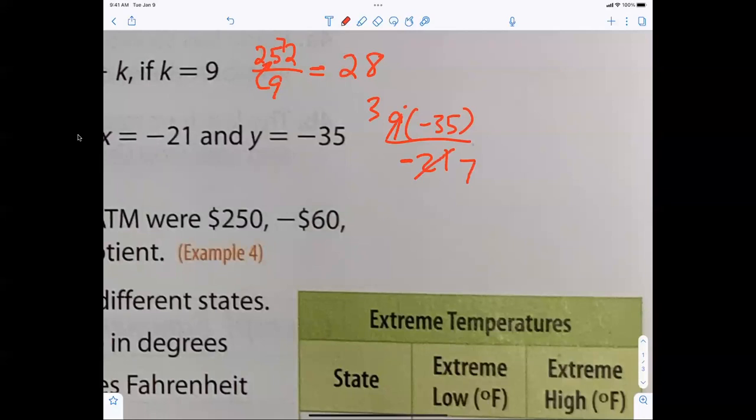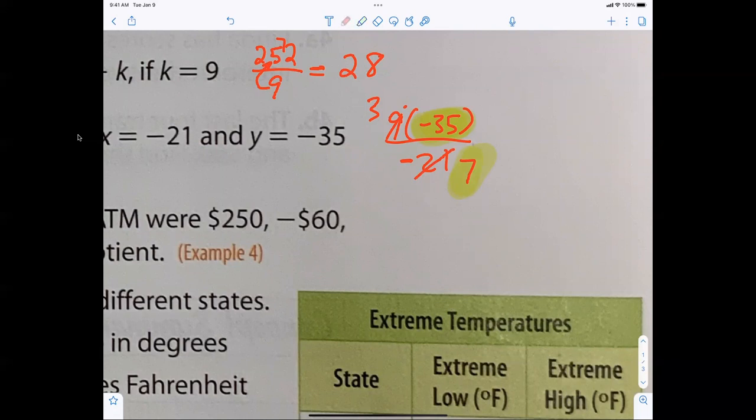Beautiful. Now what can divide? 3 goes into 7. What does? Give you a hint. 5. Yes.